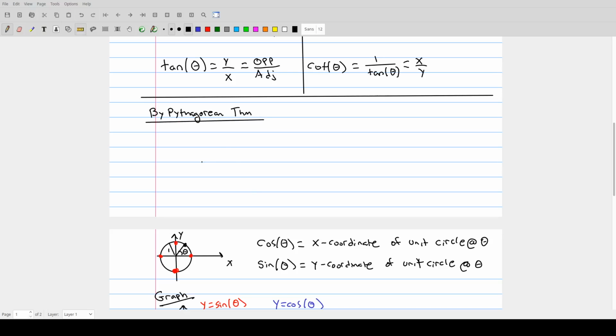This is any right triangle, so this has to be a 90-degree angle right here. And this triangle has a radius of r, an x distance of x, and a y distance of y. x squared plus y squared has to be equal to r squared.